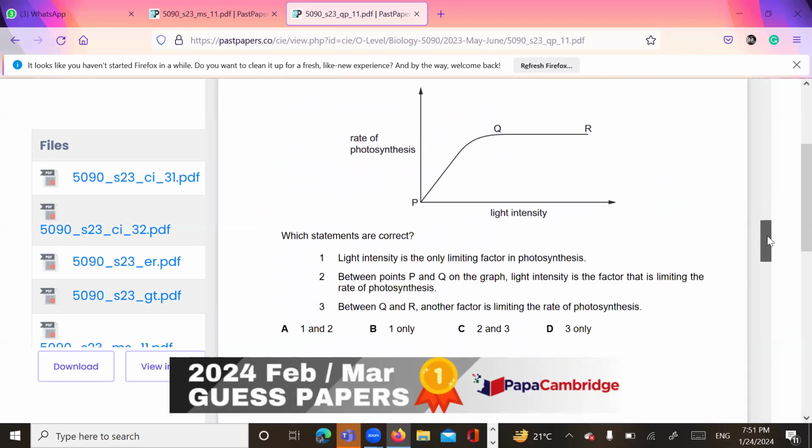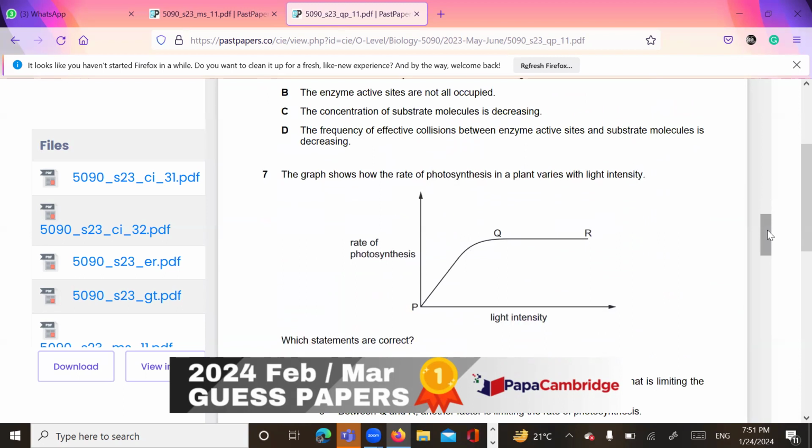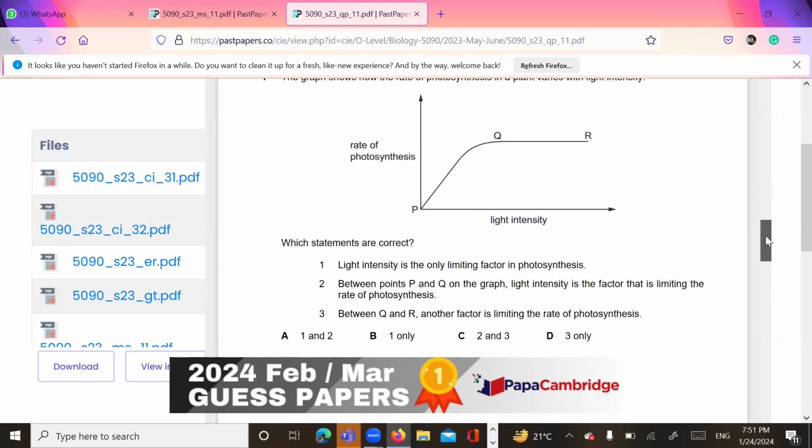So now let's move to question number 7. It says the graph shows how photosynthesis in a plant varies with light intensity. Which statements are correct? Light intensity is the only limiting factor in photosynthesis. No, it's not the only limiting factor. Between points P and Q on the graph, light intensity is the factor that is limiting the rate of photosynthesis. We can say that.